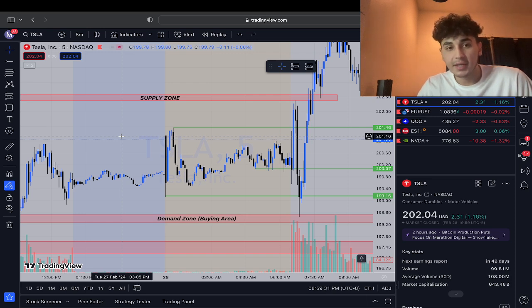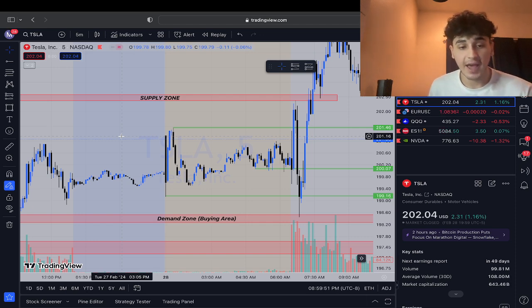And I like to think of these zones as realistically just confirmations or ideas that we can use to look to take some type of trade or some type of exit, due to the fact that there has been previously strong buying pressure or strong selling pressure, which, like I previously mentioned, is what we want to trade with.